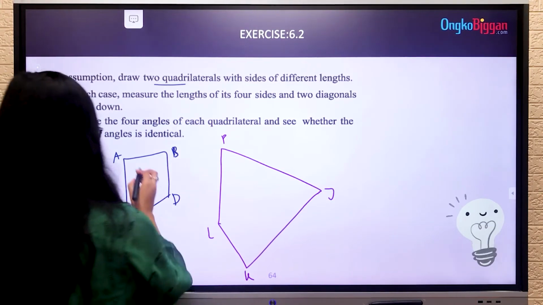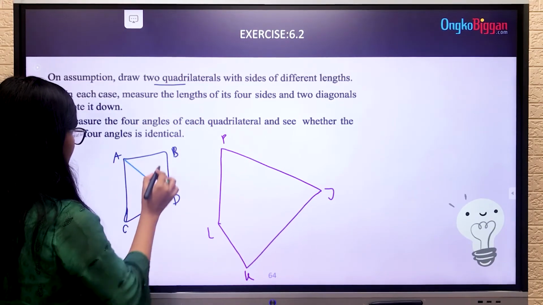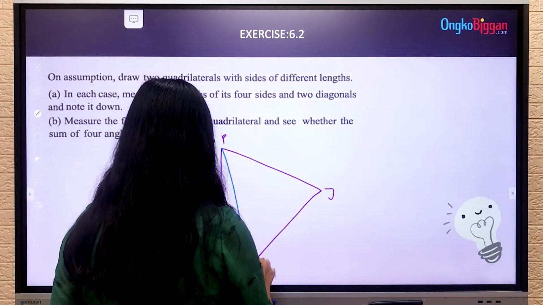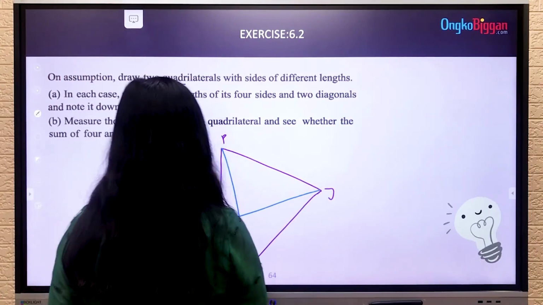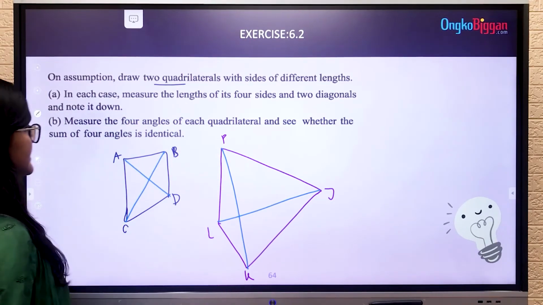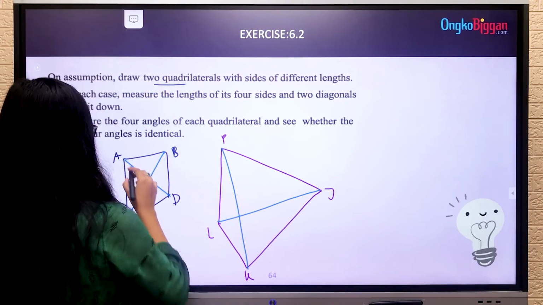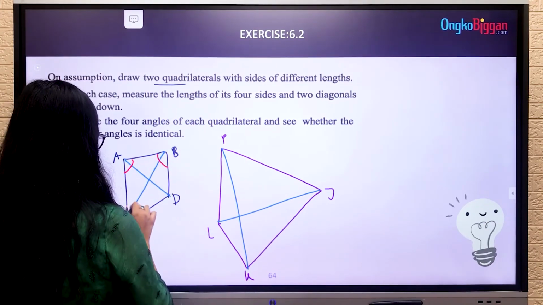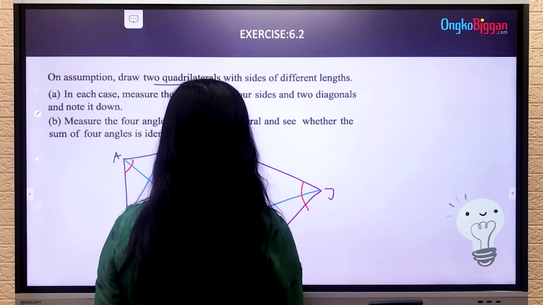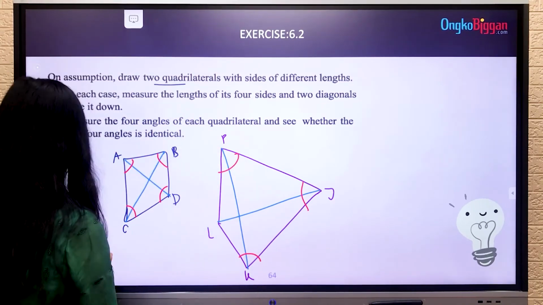Similarly, I have to measure the length of its 2 diagonals and 4 sides. Then I have to note it down. Then measure the 4 angles of each quadrilateral. Then again I will measure the angles and see if the sum of the 4 angles is identical.